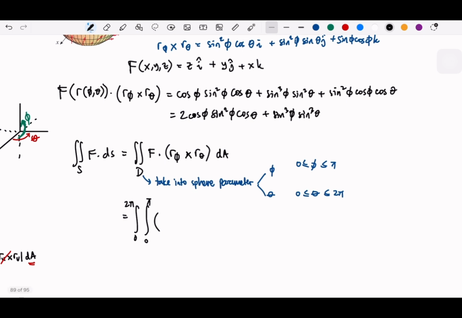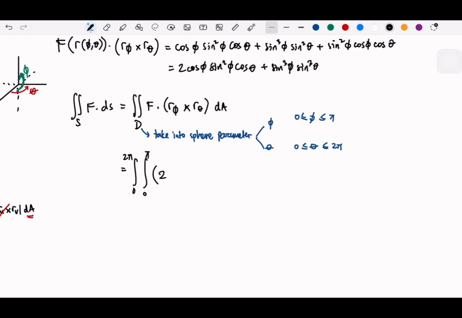Okay, so F we could put inside. And this will be d phi d theta.